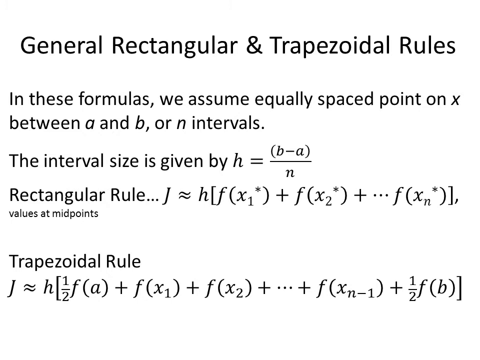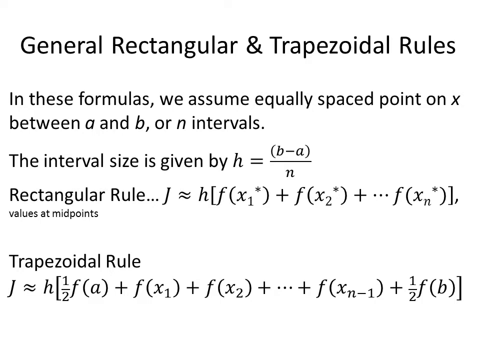More commonly we use a trapezoidal rule where we have a bunch of x values, a, x1, x2, xn, all the way to b, typically, and we're going to be using constant spacing between our points, where we're going to have our interval defined in the formula shown on the second line there as the interval size is given by h equals the quantity b minus a over n.